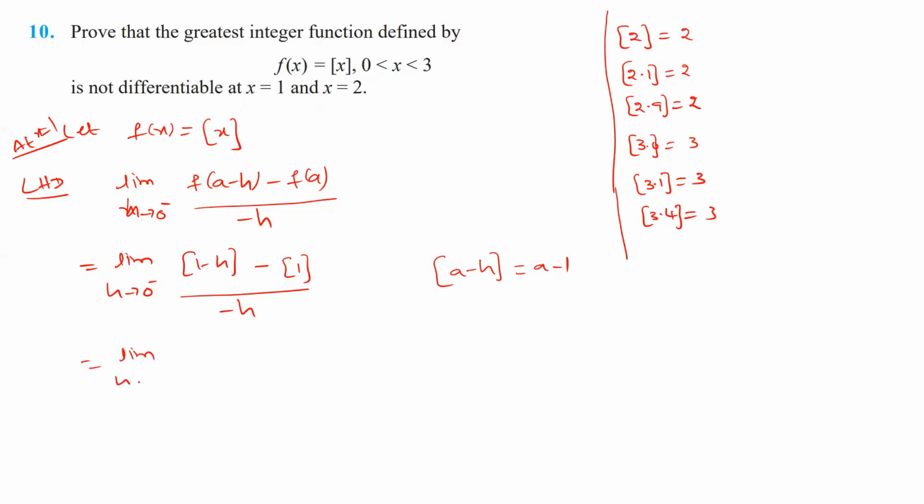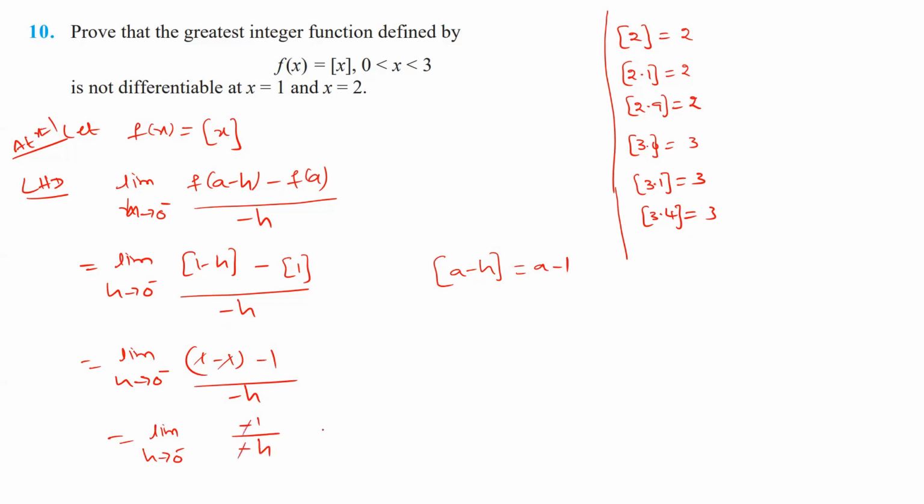So limit h tends to 0 minus. If you substitute the value 1 here, this is 1 minus 1 divided by minus h. The greatest integer function of 1 is nothing but 1 only. So the 1 will get cancelled. So this value is nothing but limit h tends to 0 minus of minus 1 divided by minus h.